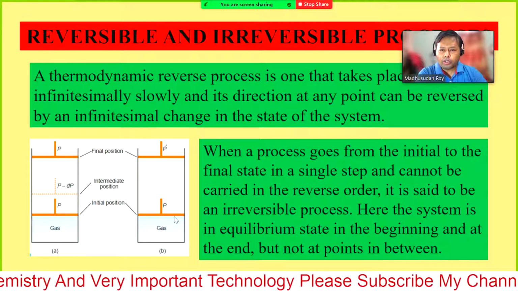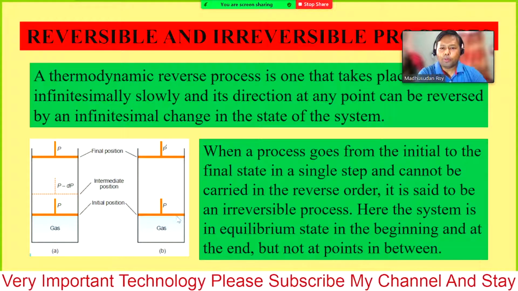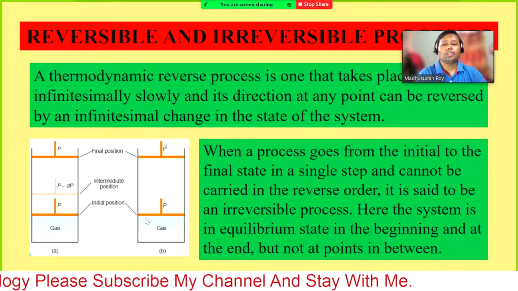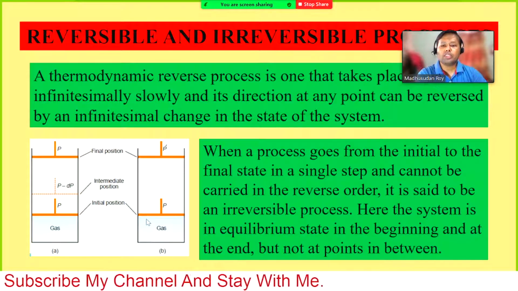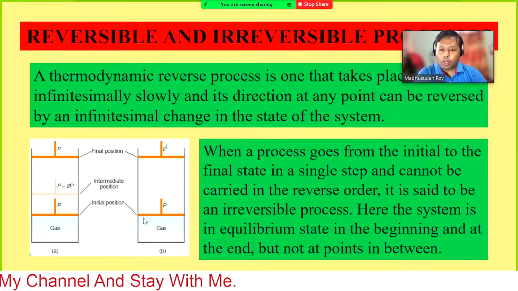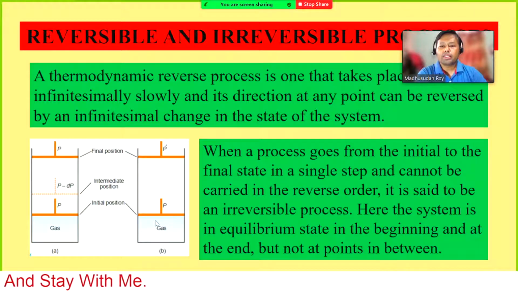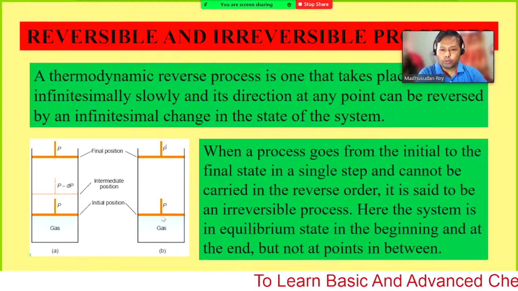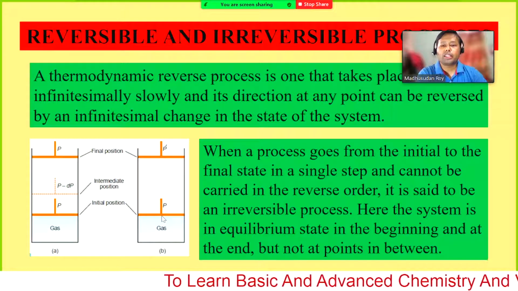The number of molecules just beside the piston will have more density. So the gas will have more components in this region, but at the bottom the number of molecules or components will be very small. So that system cannot be reversed if you remove the pressure immediately.